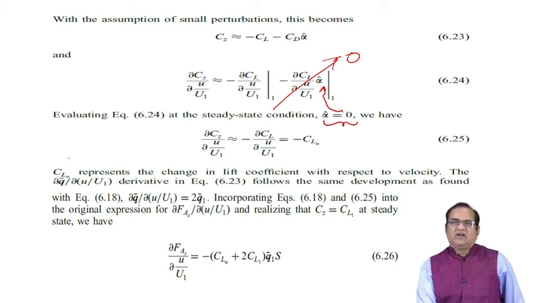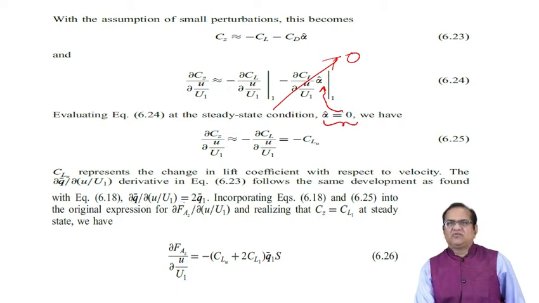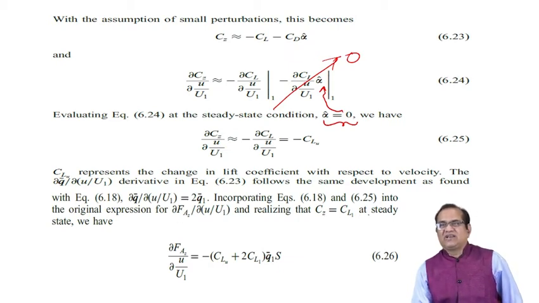The dou Q bar by dou U by U1 derivative in equation 6.23 follows the same development as found in this equation. Dou Q bar by dou U by U1 is equal to 2Q1. Incorporating this 2, we get CZ equal to CL1 at steady state condition. So here we can write that dou FAZ by dou U by U1 is equal to minus CLU plus 2CL1 Q1.